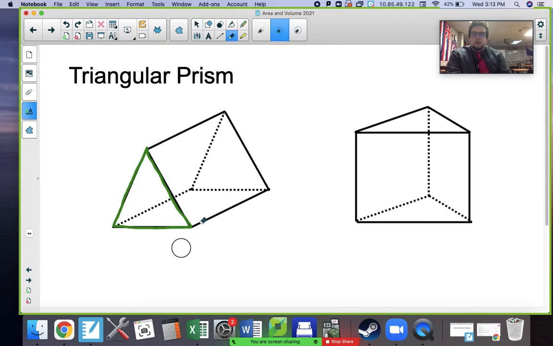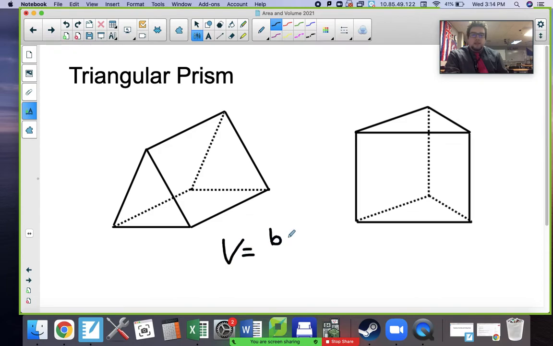So to find the volume of a triangular prism, we're going to find the area of that triangle, base times height divided by 2, and we're going to multiply by how tall this triangular prism is.